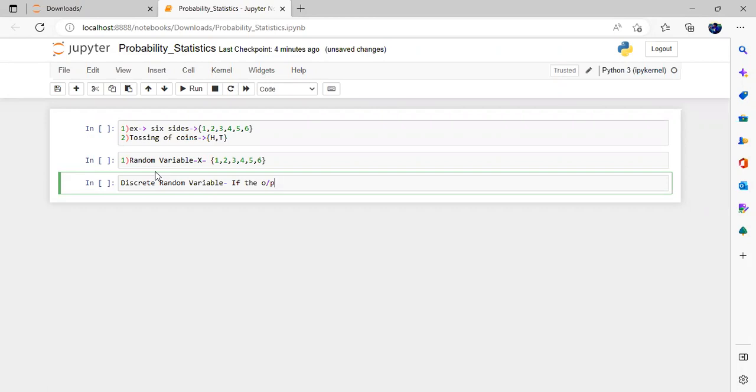It's the opposite of a continuous random variable, ma'am.